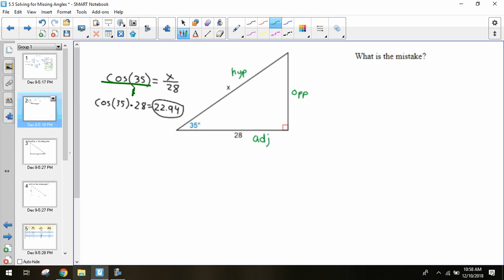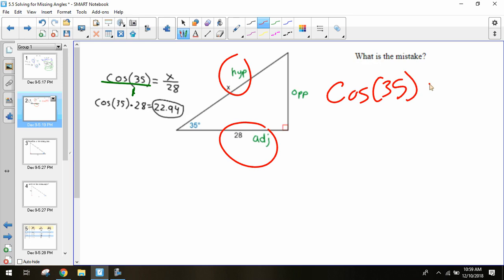Good. If we look at it, they have hypotenuse and adjacent. That's correct, so they know they're going to need cosine. But thinking through SOHCAHTOA, A comes before H, so adjacent needs to be above our hypotenuse. It needs to be adjacent over hypotenuse. So rather than x over 28, cosine of 35 should be equal to 28 over x. And that's what they would need to do.